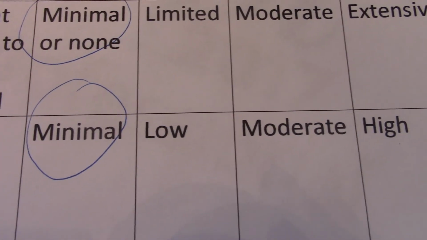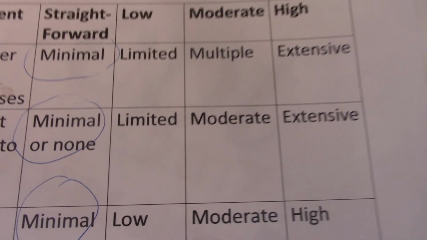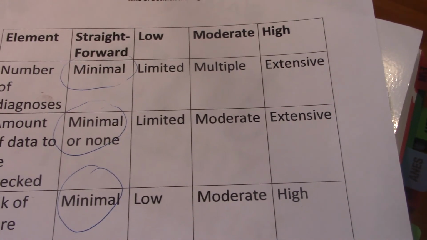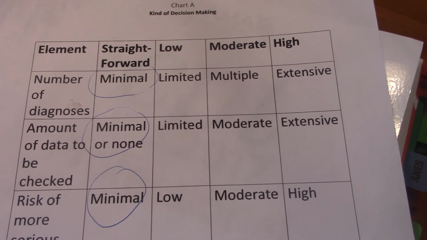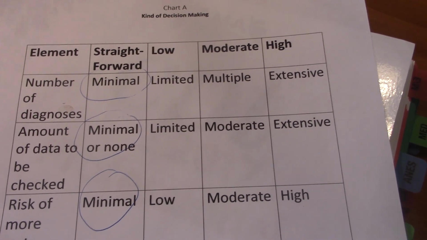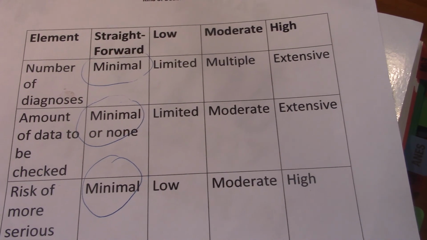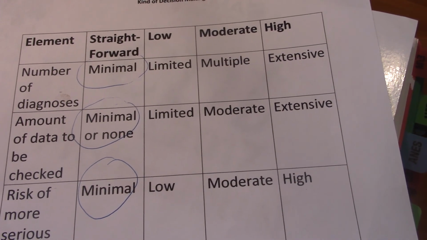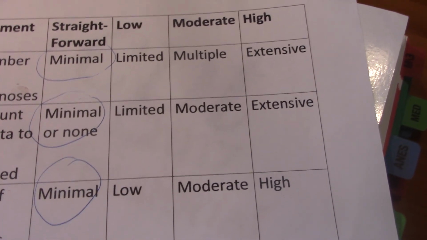The rules of CPT say that 2 of the 3 words that correspond to each of the elements, minimal, limited, and moderate, must be equaled or exceeded. For example, in order to qualify for straightforward decision making, the word minimal must be circled on the chart at least 2 out of the 3 times. Boom, boom, but we got it 3 out of 3.